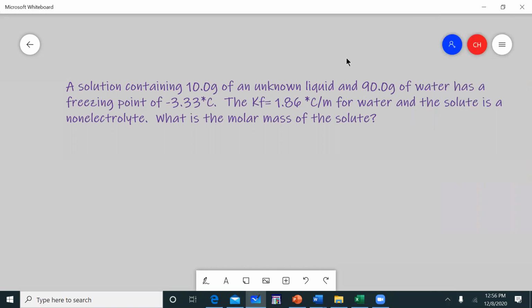Now, this is talking about a water solution, so we can assume that the normal freezing point of water is 0 degrees Celsius. Now it's negative 3.33 degrees Celsius. The KF value is equal to 1.86 degrees Celsius per little cursive m, that's the unit on it, for water, and the solute is non-electrolyte. What is the molar mass of the solute?